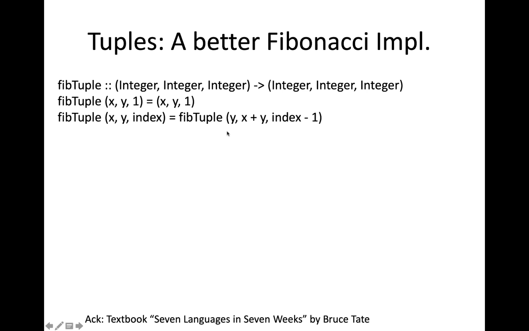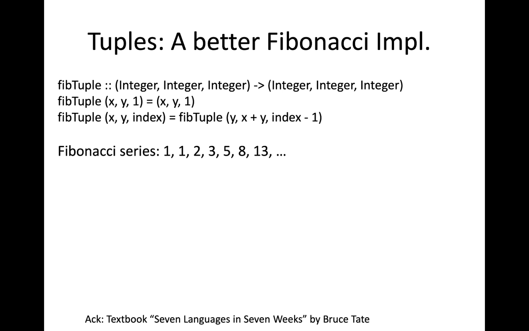You can see what is happening in this recursion. We are going to reduce the index by 1. More importantly, these first 2 are getting replaced by the next pair of Fibonacci numbers. You can see that, right? y comma x plus y. At the place of x, we are writing y, the next one, and at the place of y, we are writing x plus y, the next one, right?